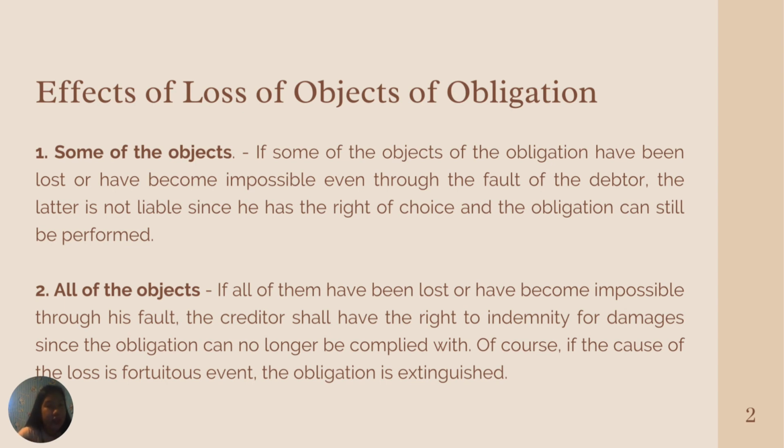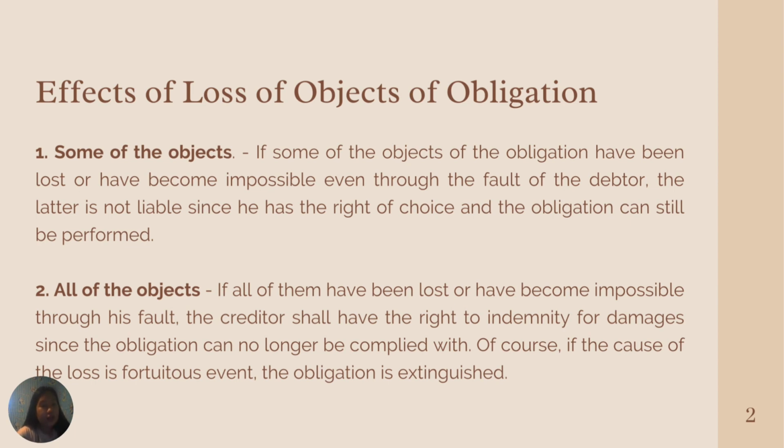Okay, so number one, some of the objects. If some of the objects of the obligation have been lost or have become impossible even through the fault of the debtor, the latter is not liable since he has the right of choice and the obligation can still be performed. So this is an exception to the general rule established in Article 1170 regarding liability for damages arising from negligence.